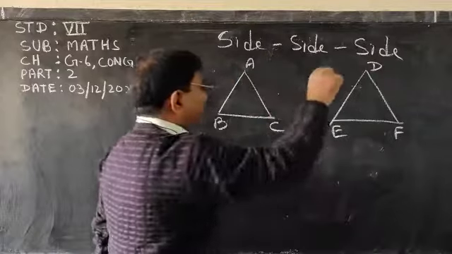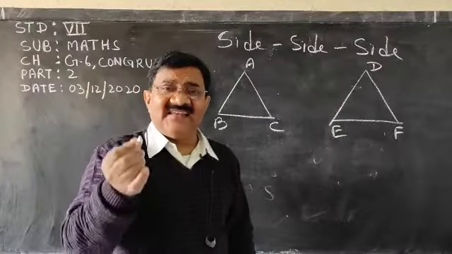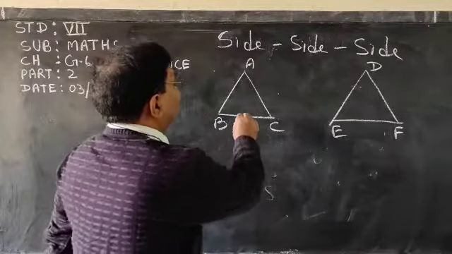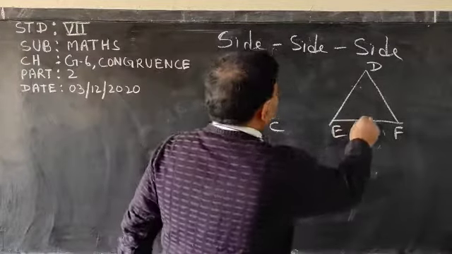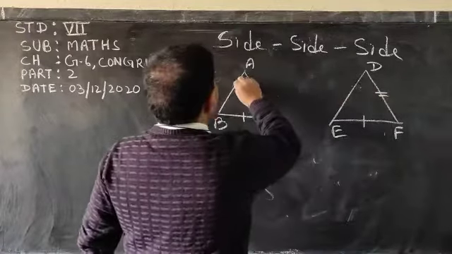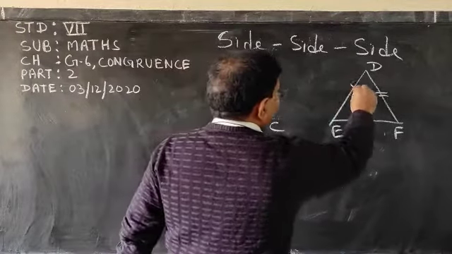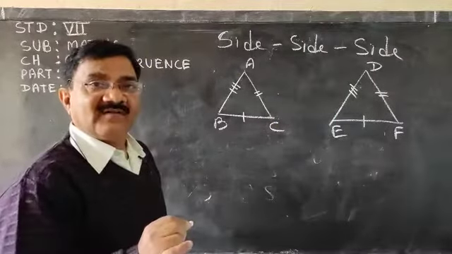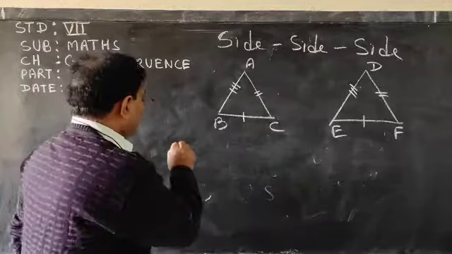If all 3 sides of one triangle are equal to the 3 sides of the other triangle, then the triangles are congruent. Very clear or not?